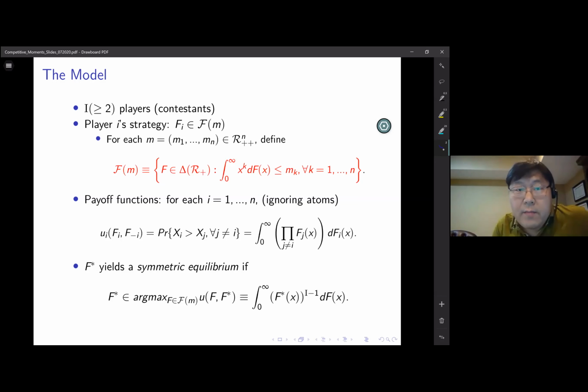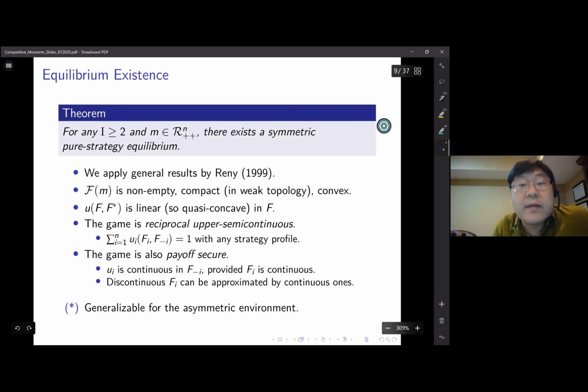Right, so now let me begin with a very general result that shows that an equilibrium always exists. Obviously this is not interesting by itself, but at least it shows that our game has a nice structure, and also there's something to characterize.